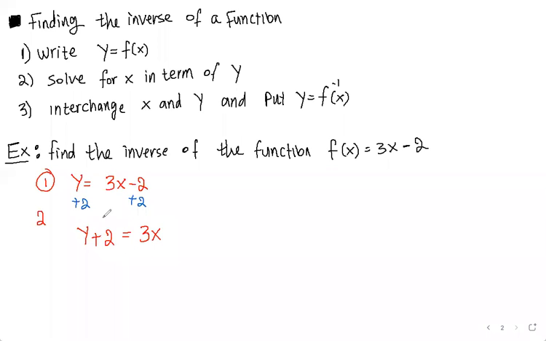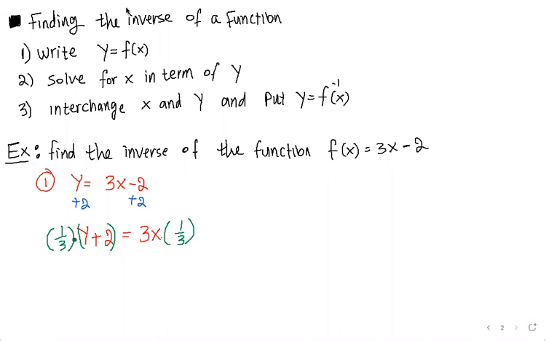Then I multiply all of this by the reciprocal of 3, by 1 over 3. So I multiply both sides by 1 over 3 and here by 1 over 3.